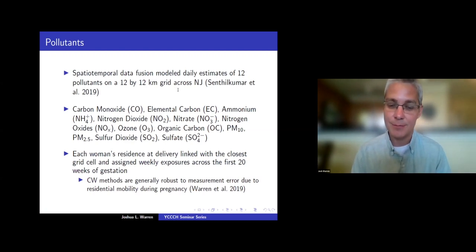But maybe this will make you feel somewhat better: we did a study in 2019 to assess the robustness of these critical window methods more generally to lots of different sources of error, including residential mobility. And the results were actually very promising, I thought. So the findings are generally robust to this exposure misclassification or exposure error that's introduced through mobility.